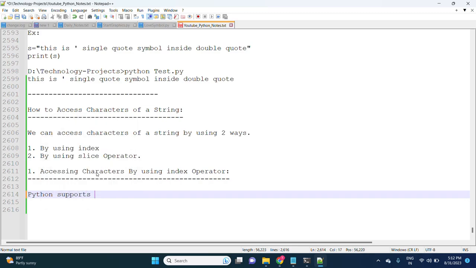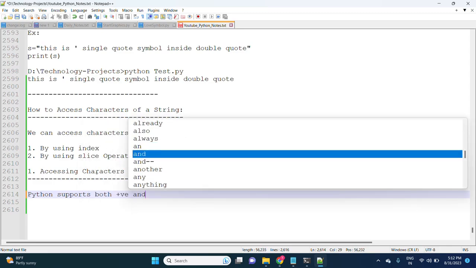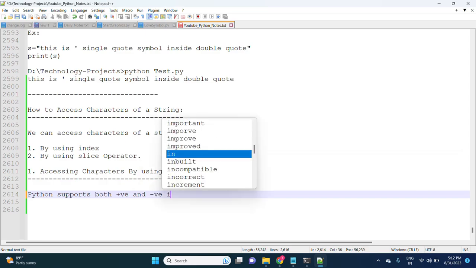Python supports both positive and negative index.